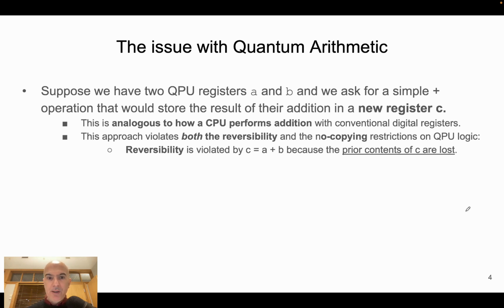However, this approach violates the reversibility, so we cannot go back from C to A plus B, and also the non-copying restriction, because we cannot do the assignment operation. So this is an important part that you need to take away from this lecture.